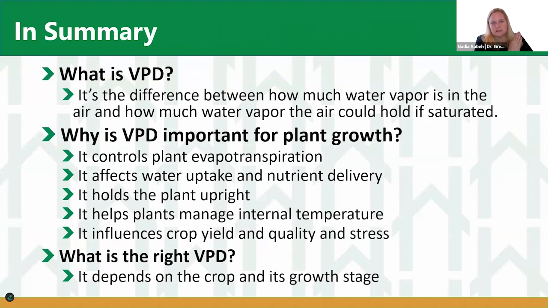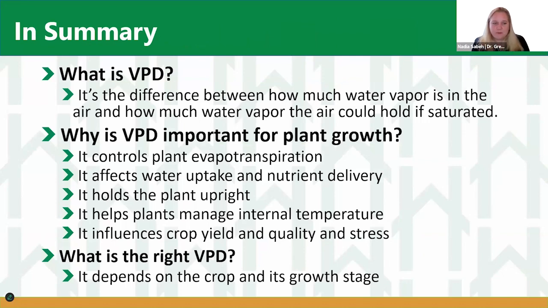So, all right, in summary, what is VPD? It is vapor pressure deficit, and it's the difference between how much water vapor is in the air versus how much water vapor the air could hold if saturated. Why is VPD so important for plant growth? So many reasons.